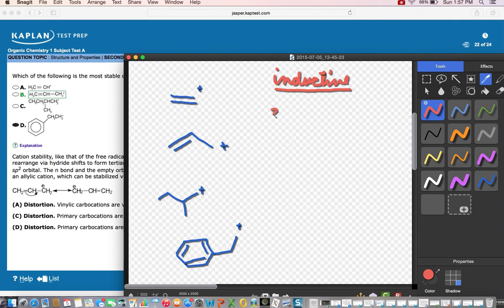From the inductive effect and hyperconjugation, we say that tertiary carbocations are more stable than secondary carbocations, which are significantly more stable than primary carbocations, which are significantly more stable than methyl carbocations. The other driving force is resonance.